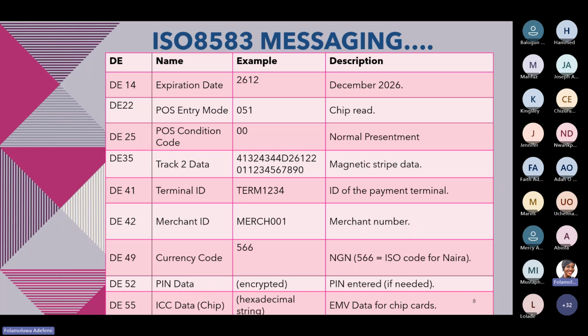Field 52 contains the PIN data. The PIN data is an encrypted version of your PIN in transactions where the PIN is entered. So it's not available in all ISO 8583 messages, but for transactions that require PIN, the PIN data is part of what is sent in the ISO 8583 message to the processors and downstream.